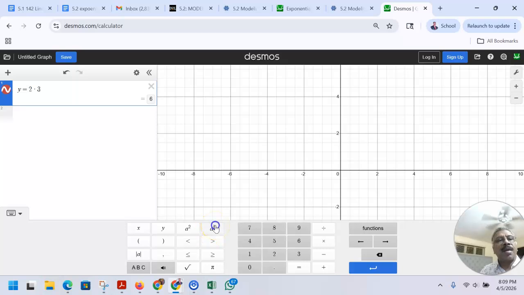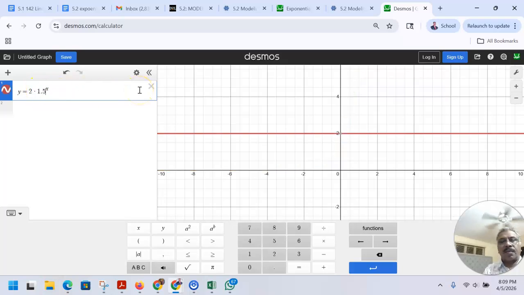You click here, the cursor goes up, and you can put x. That's the graph you see here. And instead of 3, let me take 1.5.